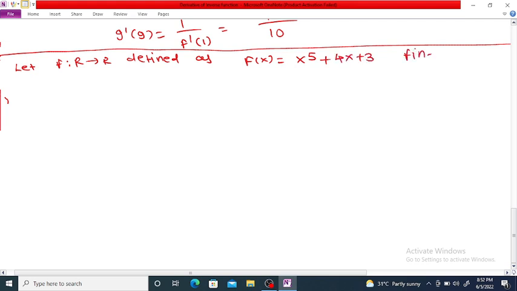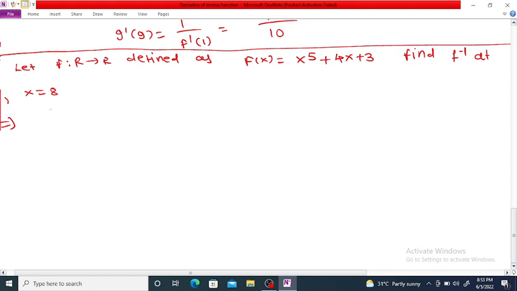Find f inverse derivative at x is equal to 8. So we want to determine the inverse derivative at point 8.